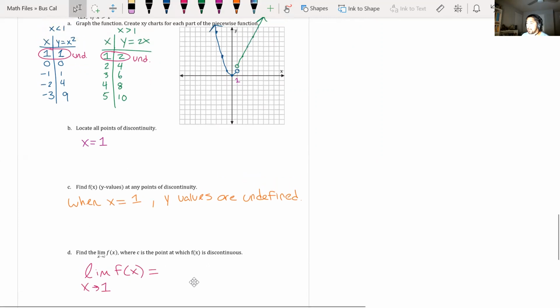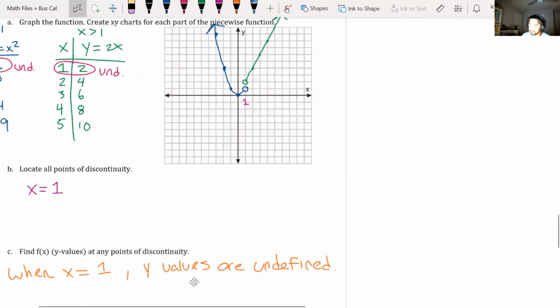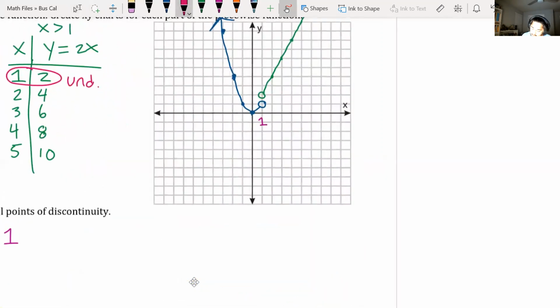And now look at your graph to answer this limit question. As I approach 1 from the left, what y value are we getting close to? 1. And then as I approach 1 from the right, what y value are we getting close to? 2.